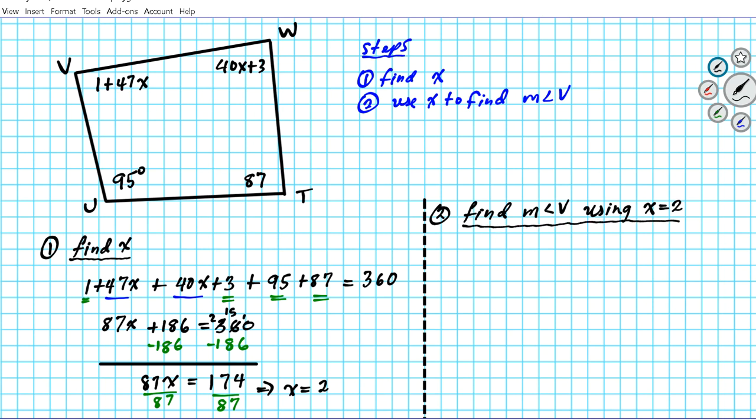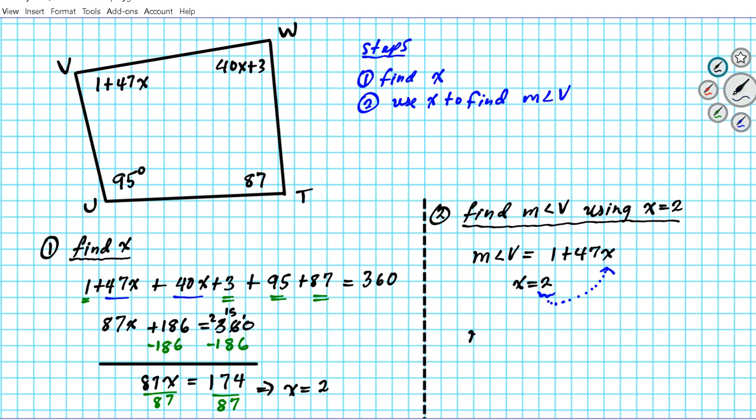The measure of angle V is equal to 1 plus 47x. And we know that x is equal to 2. So how do we use this information we have to find the measure of angle V? We're just going to take this value of 2 and substitute it into the x. Okay?